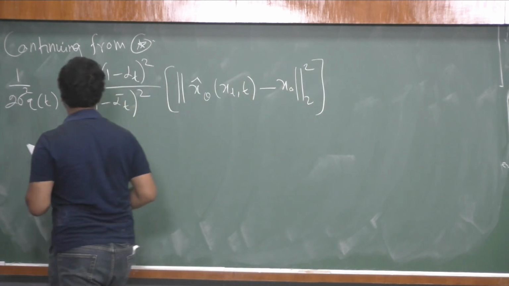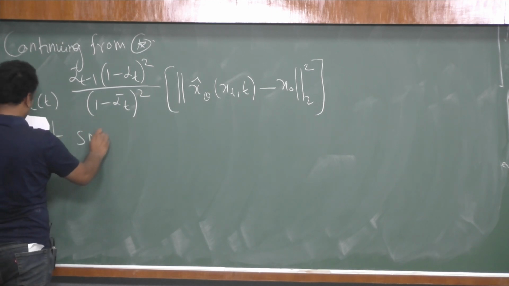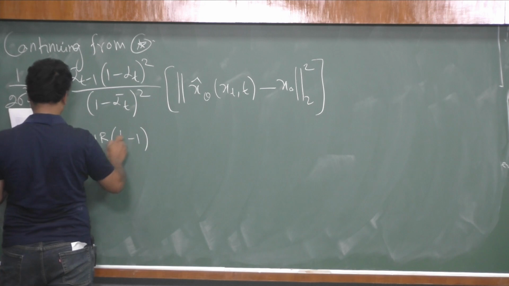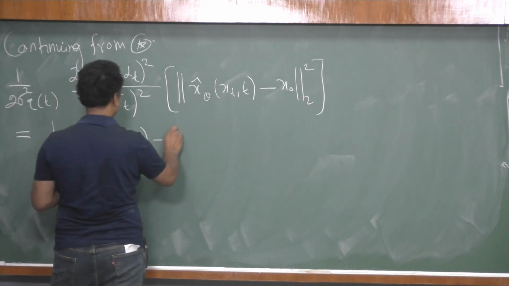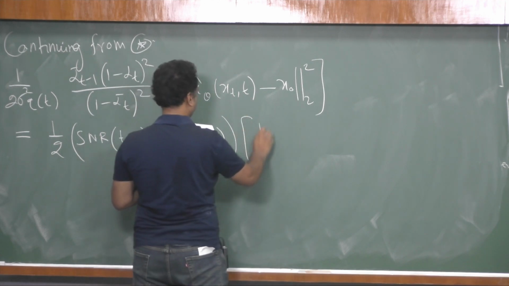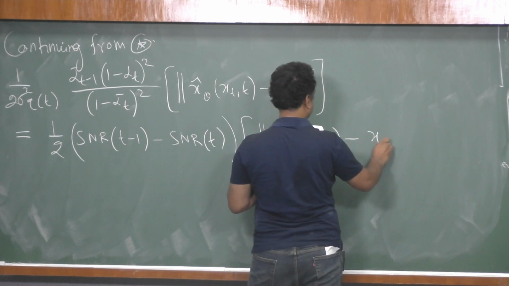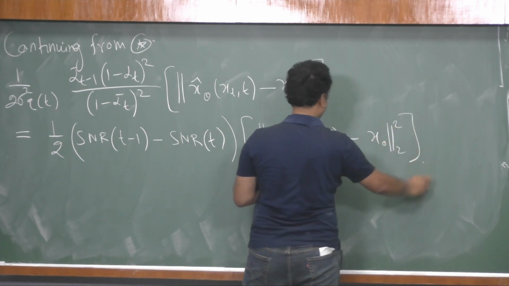Now in terms of SNR, I can write this as SNR t minus 1 minus SNR t, and then we have x hat theta x t minus x naught squared.